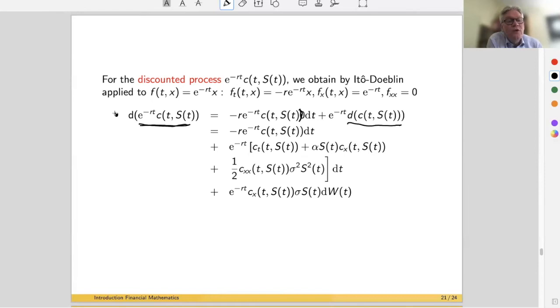So we also have the dynamics, the SDE for the discounted call option.